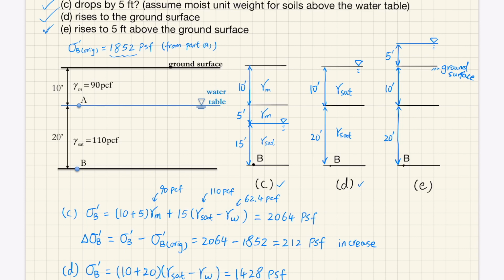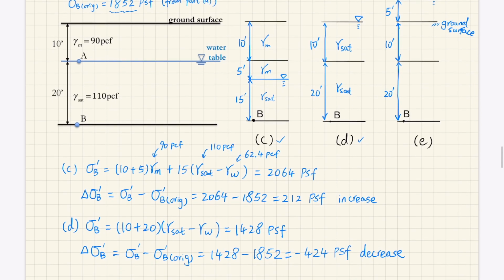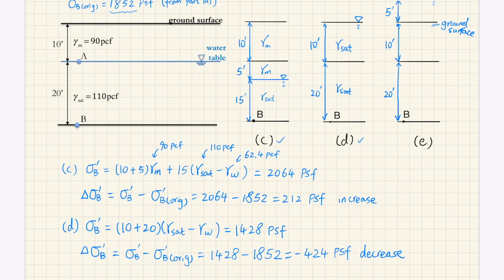So we're going to calculate the total stress at B, the pore pressure at B, then take the difference to get effective stress. So for part E here, sigma B prime, that's the effective stress, is sigma B total minus pore pressure at B.